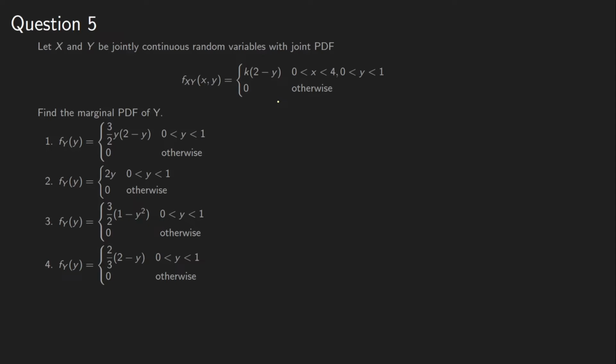But for calculating k, what will we have to do? We will have to integrate this joint PDF over the full range of x and y and equate it to 1. So we will integrate y from 0 to 1 and x from 0 to 4.